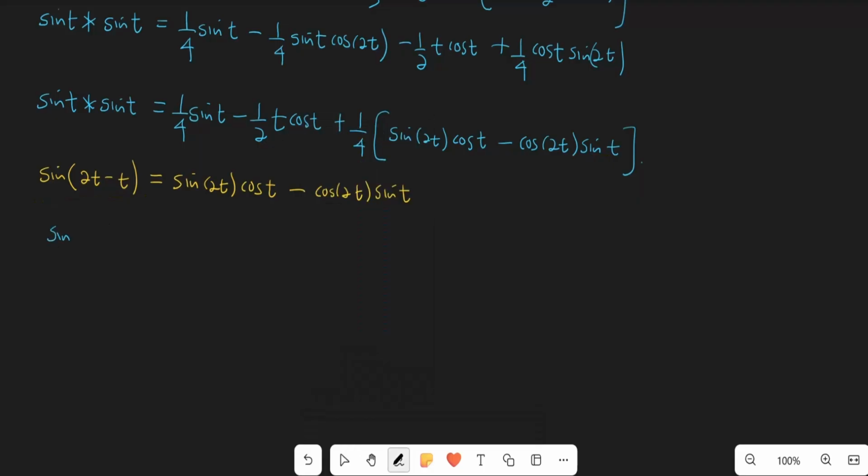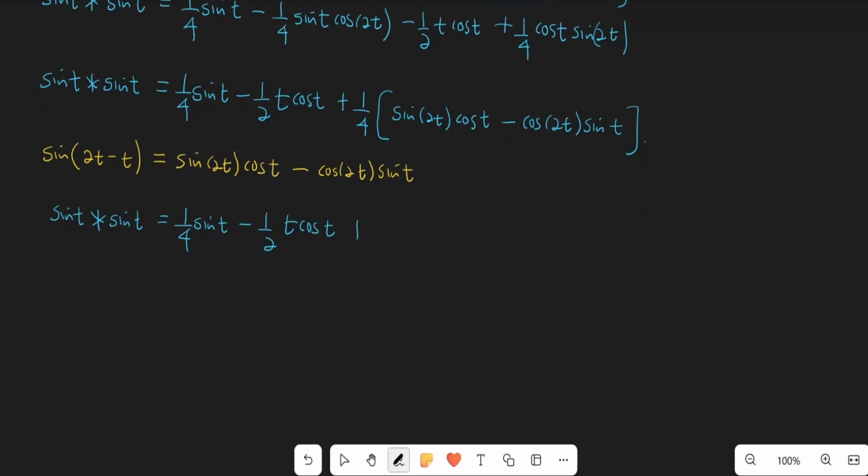So sine of t convoluted with sine of t is equal to 1/4 times sine of t minus 1/2 times t times cosine of t, like this, and now plus 1 over 4. Instead of this, I'm going to replace it with that, and that is going to be sine of 2t minus t.